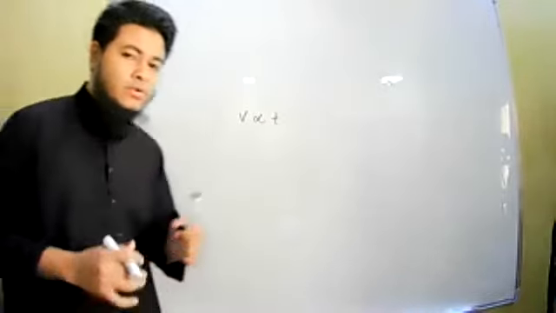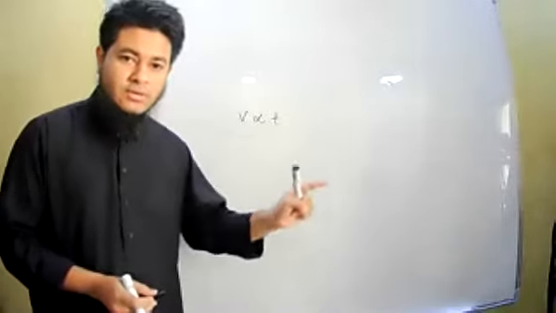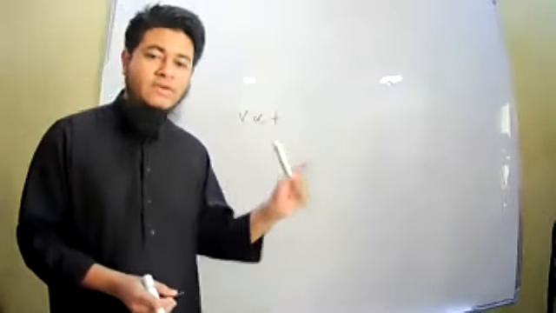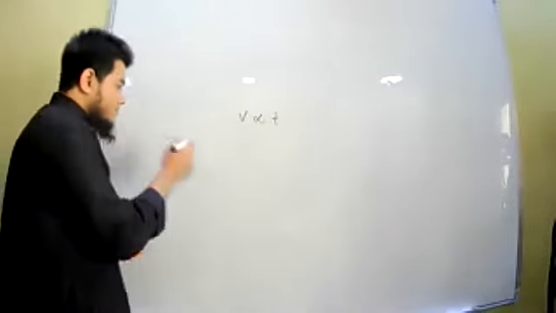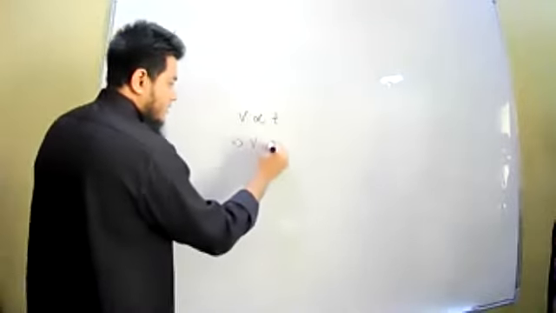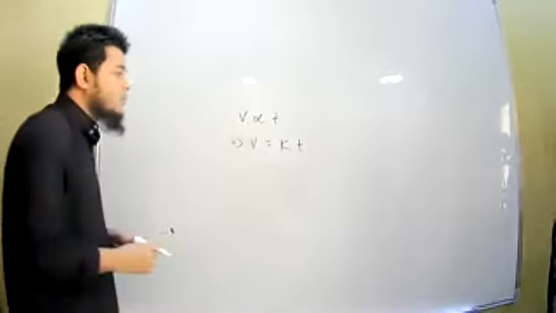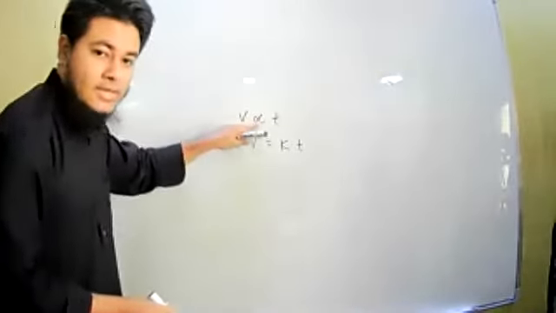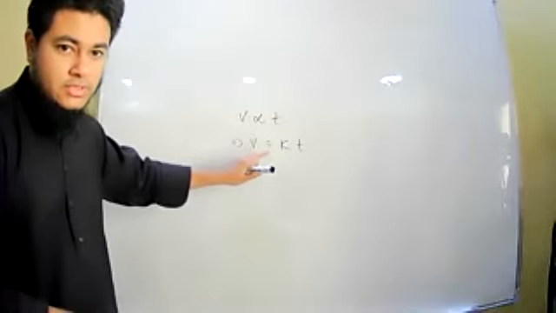So from here, what we could say, if the time is doubled, the velocity will also be doubled. If the time becomes 4 times, the velocity will also become 4 times. Okay. So now from here, what can we write? V is equal to kt. We know that whenever we want to replace this proportional sign by an equal sign, we have to introduce a constant of proportionality, right?